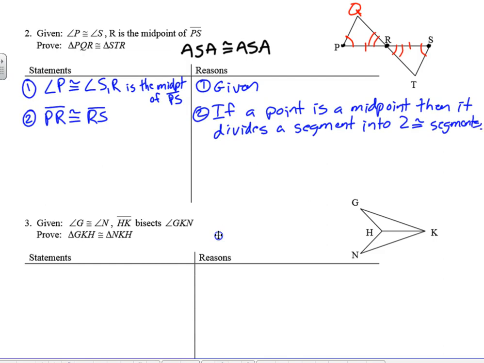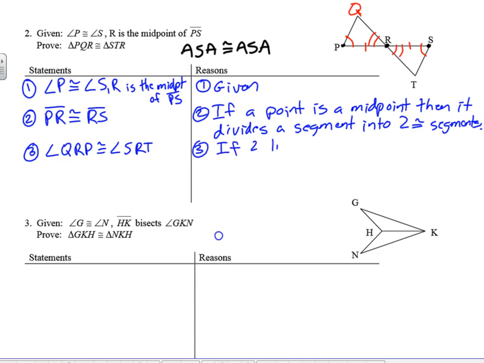Okay, and we got to get our last angle, which is going to be our vertical angles. Angle QRP congruent to angle SRT. That's our freebie.